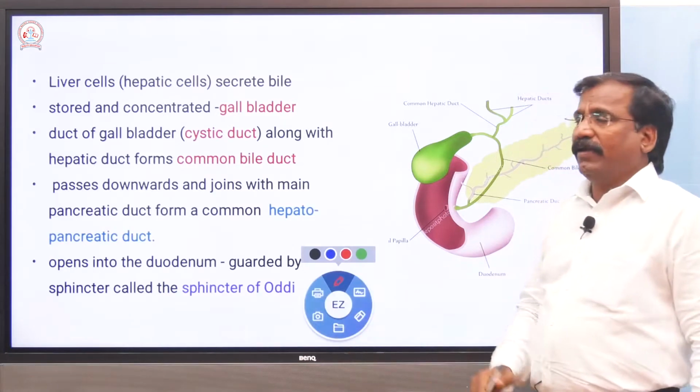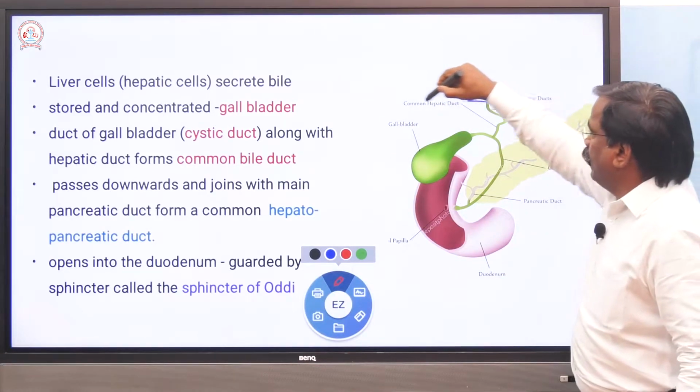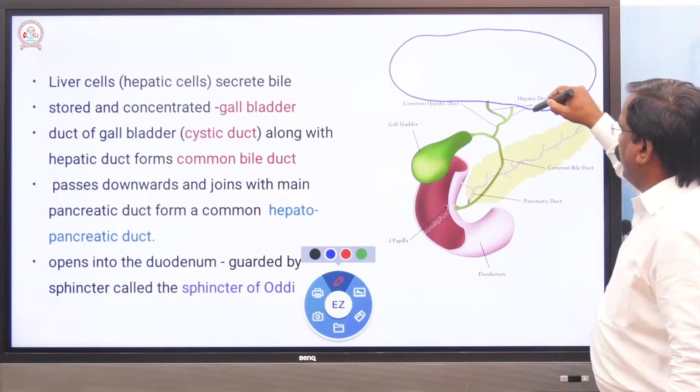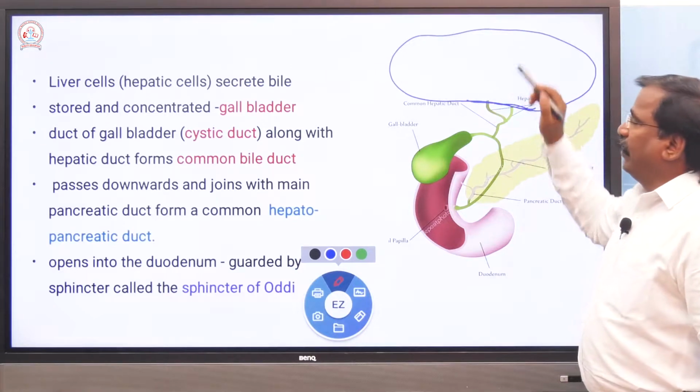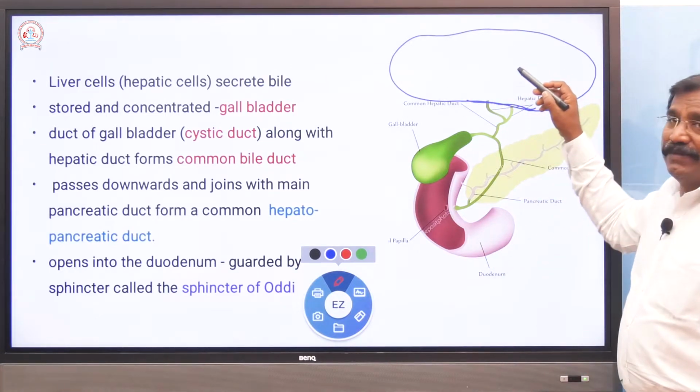This is very important. This is the liver that secretes the bile juice.